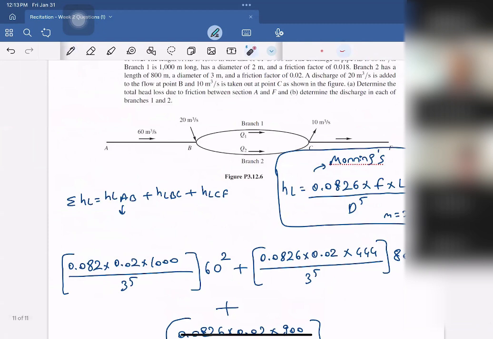This time the discharge was 70, because we had 80, we lost 10, and the remaining is 70.